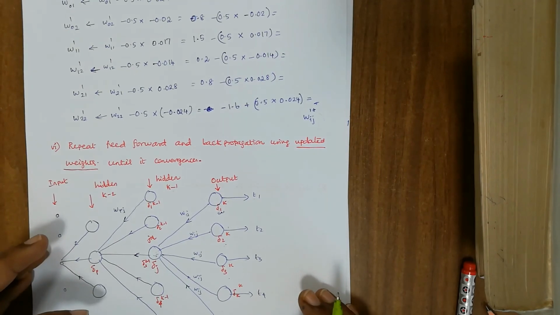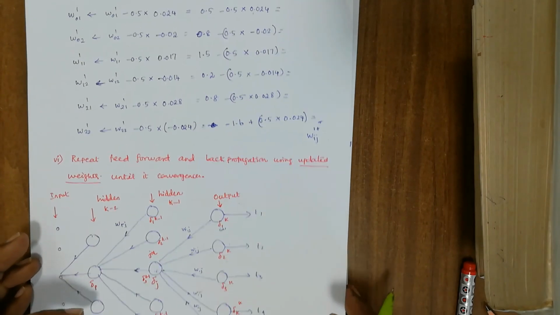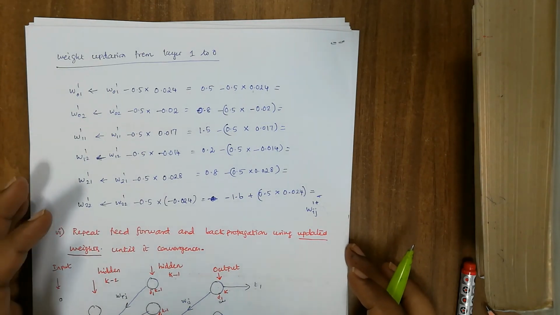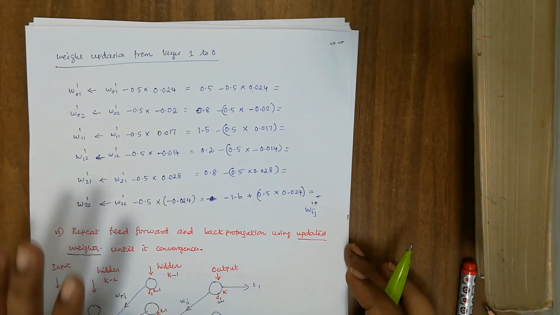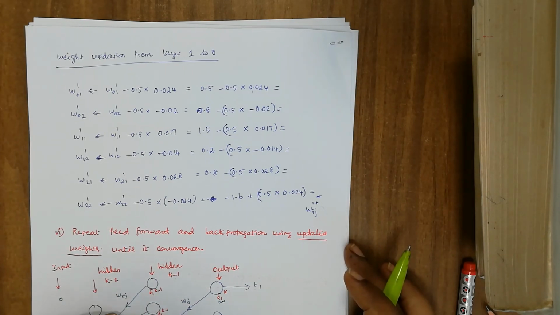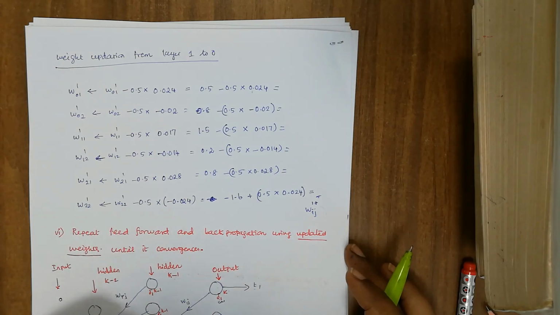So this is the simple example. I think it is very clear how we apply the derivation of back propagation learning that we did in the last 4 classes to this example. Thank you.